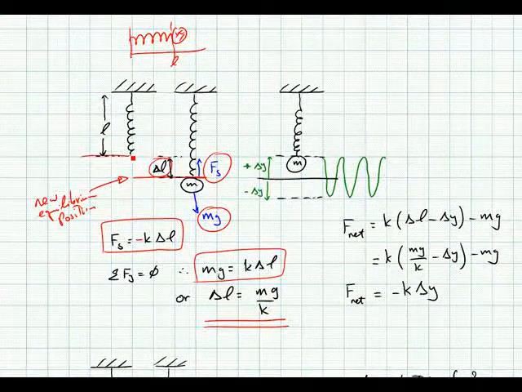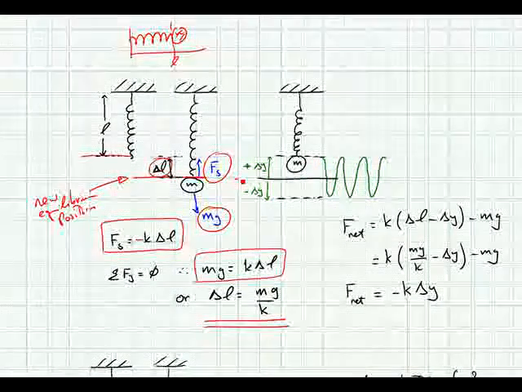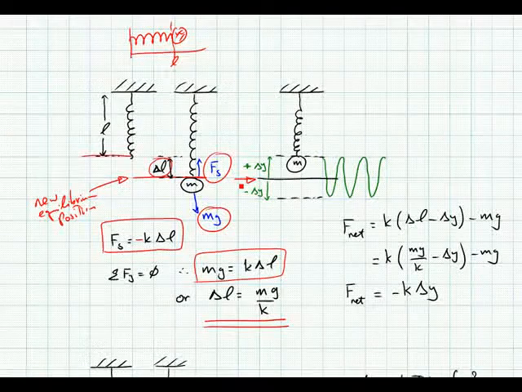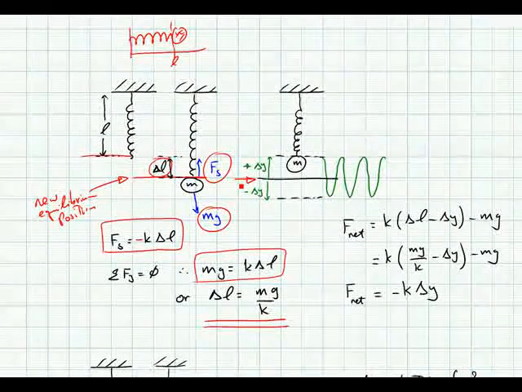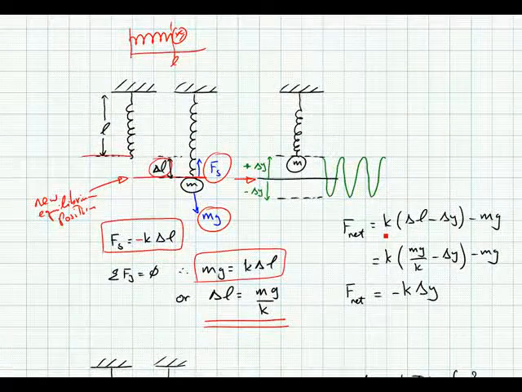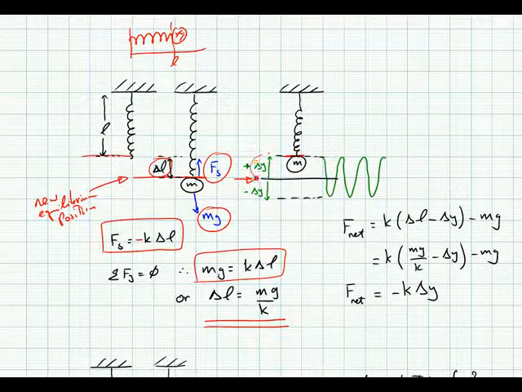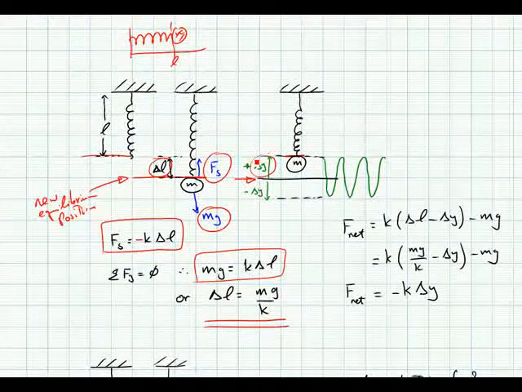So now if we get the mass oscillating about this new equilibrium position, we can write the net forces. The net force on the bob, let's say in this position, where it's delta y above the new equilibrium position.